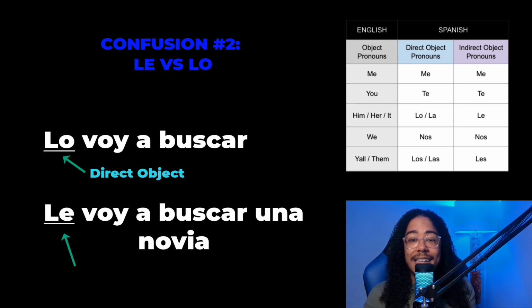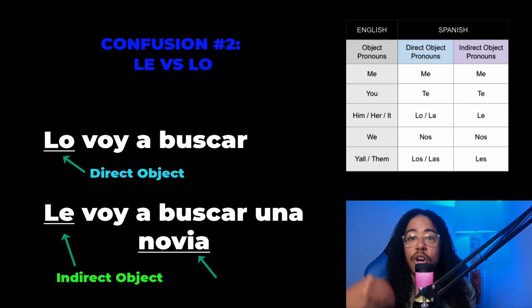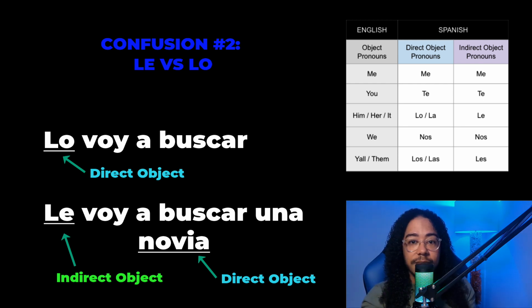Now he is the indirect object because I'm no longer looking directly for him. I'm looking for a girlfriend for him. Girlfriend is the direct object because I'm looking for the girlfriend. He is just being indirectly impacted by my search for this girlfriend for him. This really highlights the difference between le and lo.